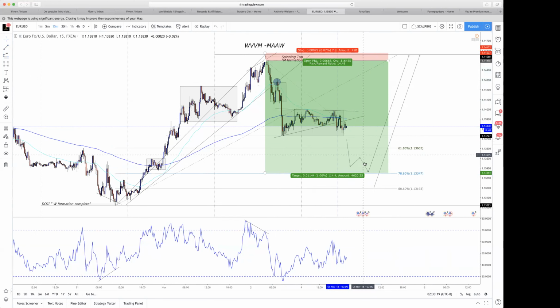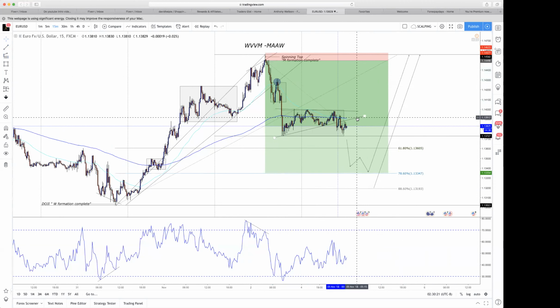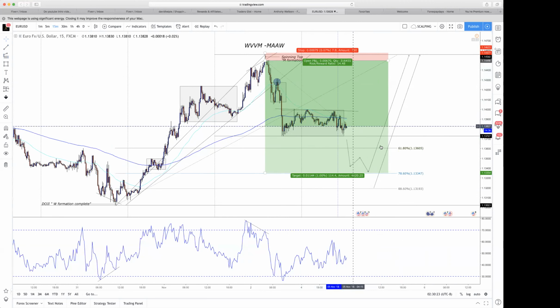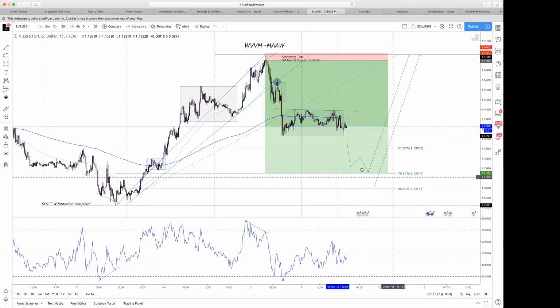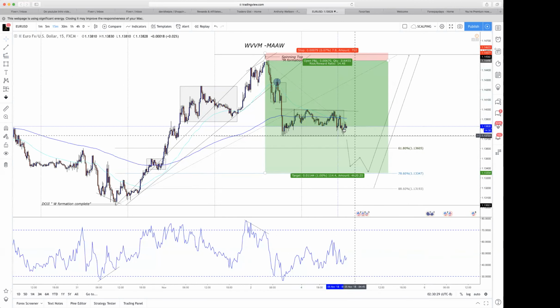So an ABCD completion should be around 88.6. And like I said, these numbers are based on technicals, but as a market maker, I'm going to look for the W formation to finish.